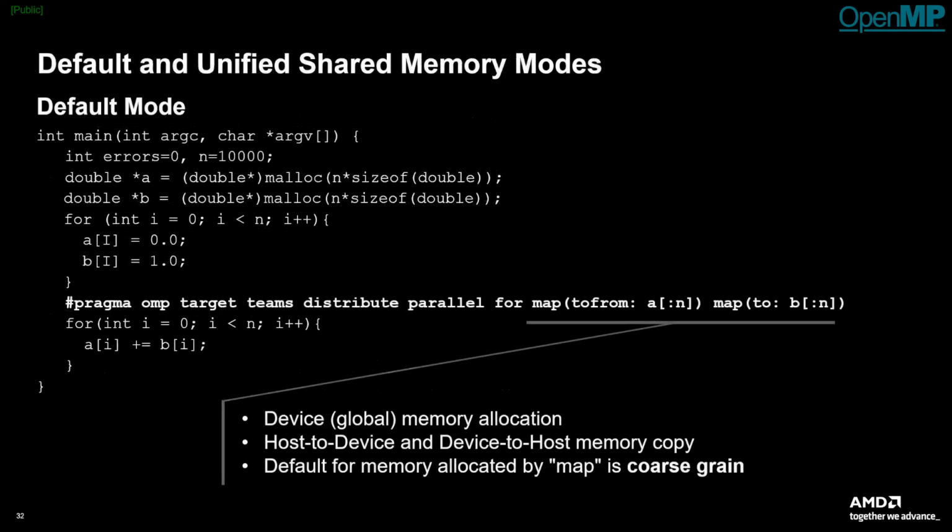We add that line, the pragma line, to tell it to run on the GPU. Now you notice the lines above, we are initializing the data on the CPU.